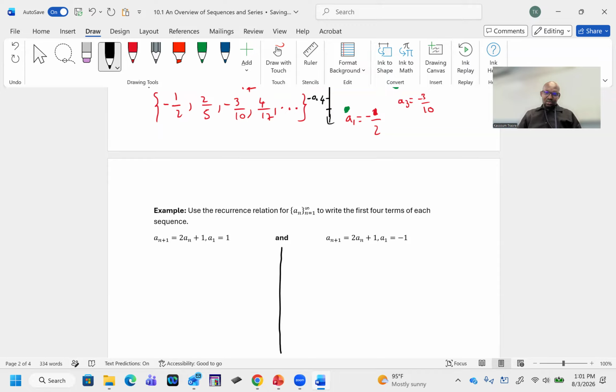So if n is equal to 1, that is given to us. We know A1 is equal to 1.